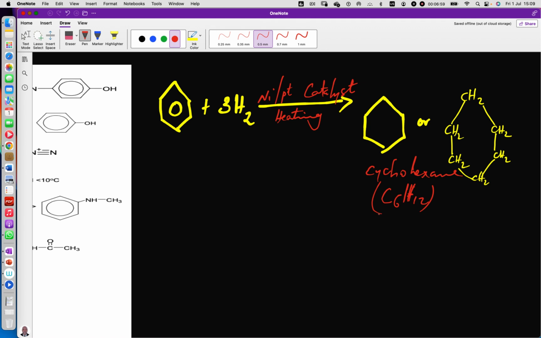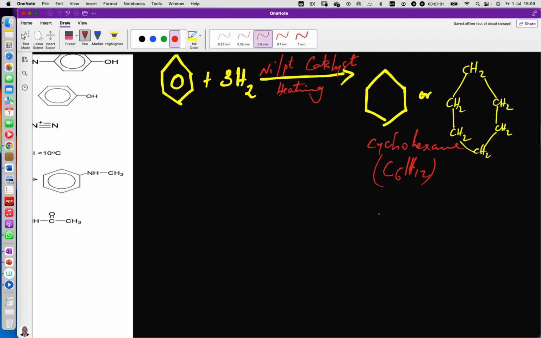But an alkyl benzene, for the purpose of revision, such as methyl benzene, can still undergo this reaction.